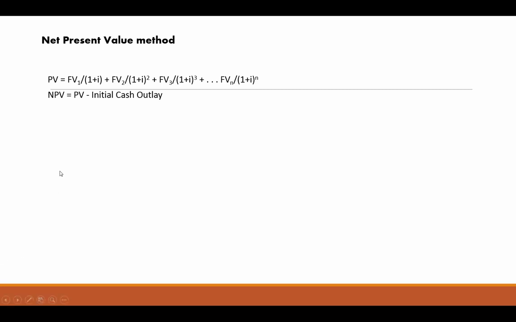And then we can find our net present value by taking the present value, which we calculated here, and subtracting the initial cash outlay.